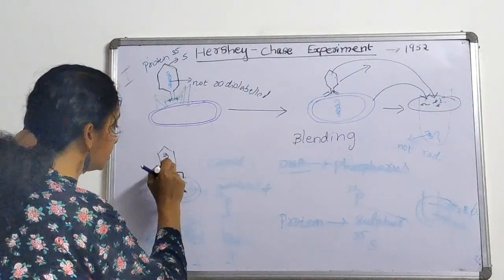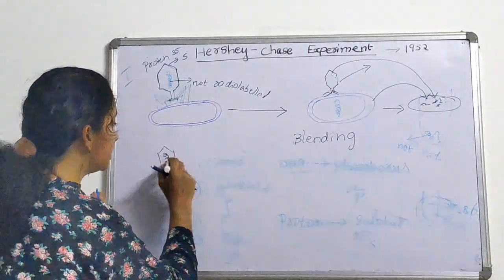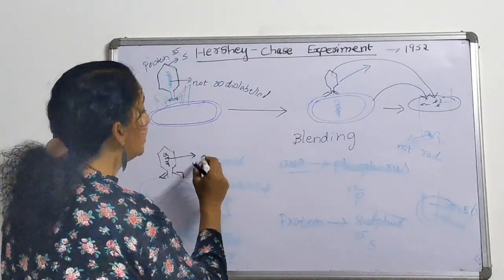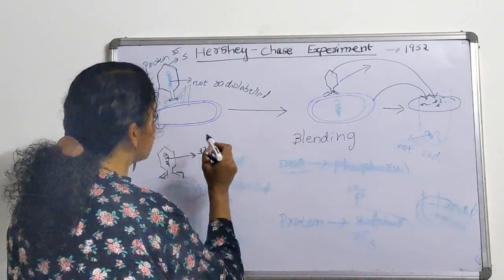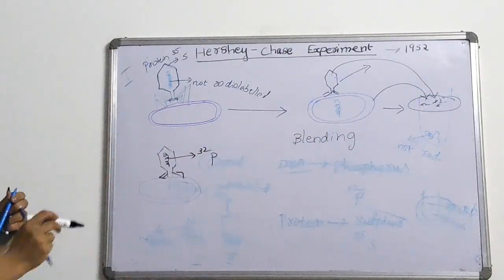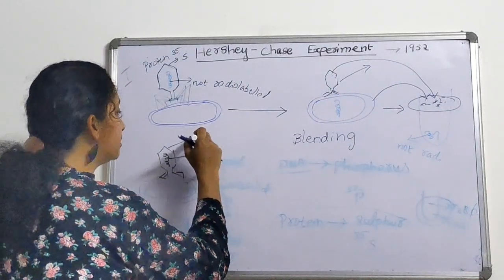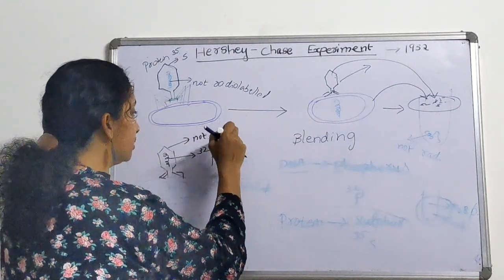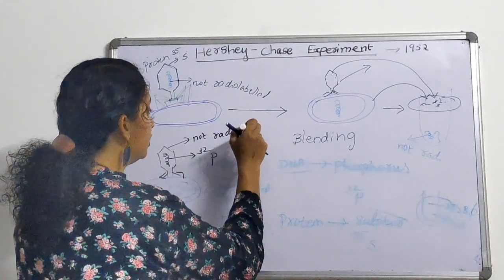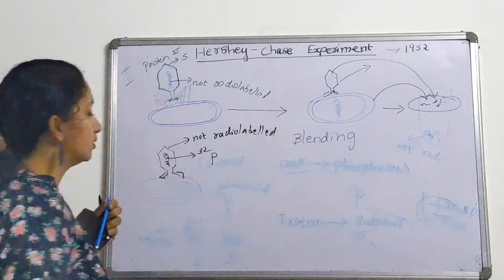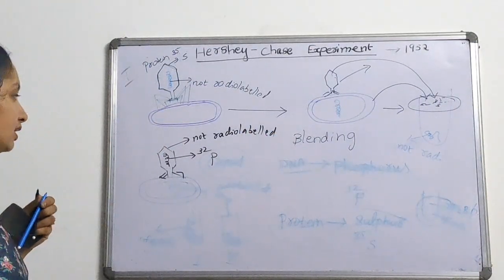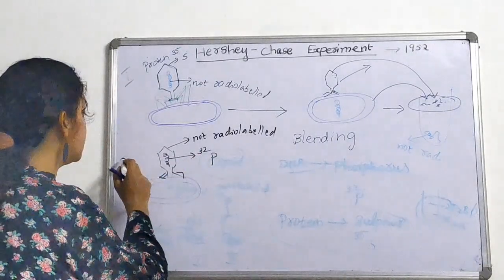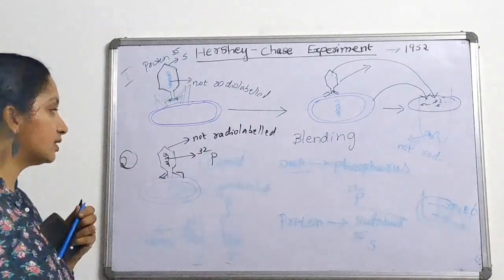Here this genetic material is radio labeled with phosphorus 32 and the capsid is not radio labeled, because we allowed this bacteriophage to grow in a medium provided with phosphorus 32. This is the second case, phosphorus 32.